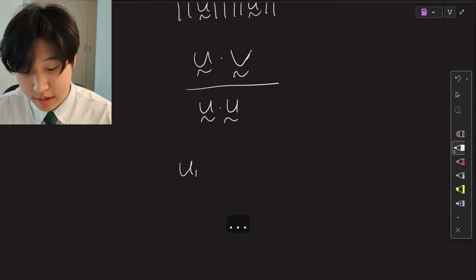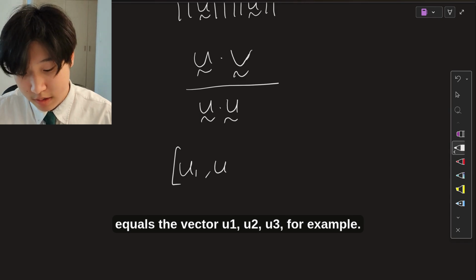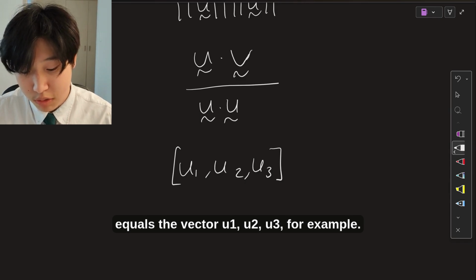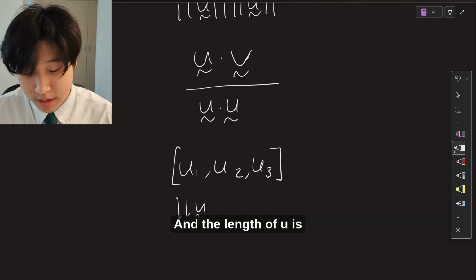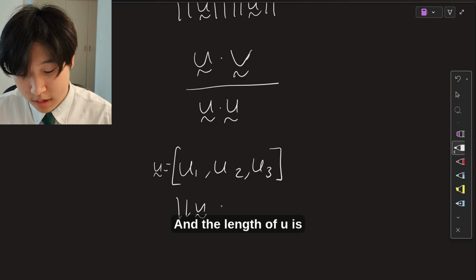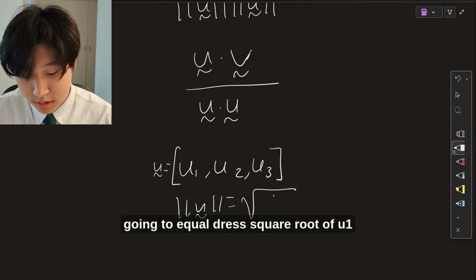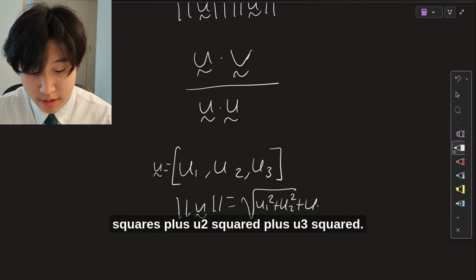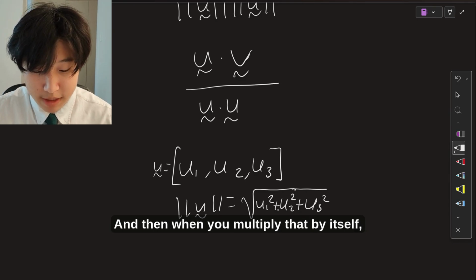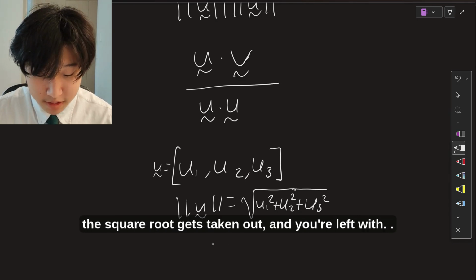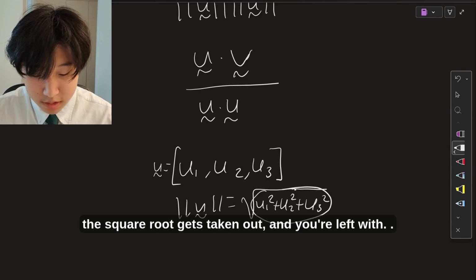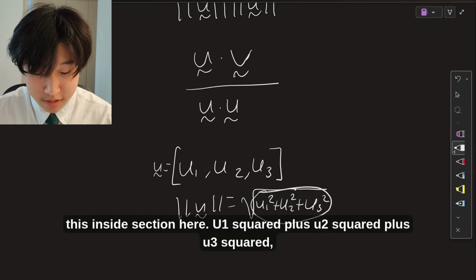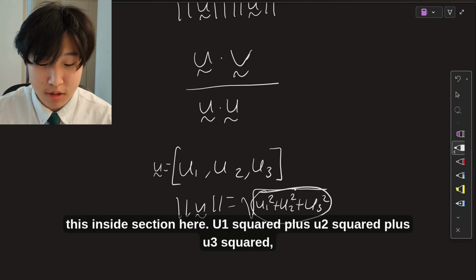For example, we have u equals the vector u1, u2, u3. Then the length of u is going to equal the square root of u1 squared plus u2 squared plus u3 squared. And when you multiply that by itself, the square root gets taken out, and you're left with just u1 squared plus u2 squared plus u3 squared.